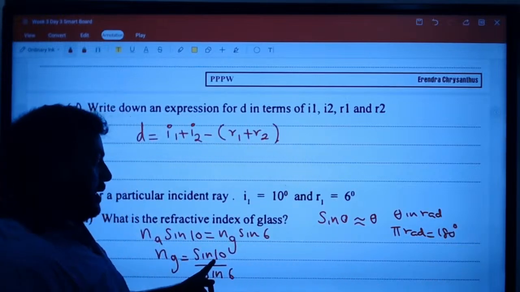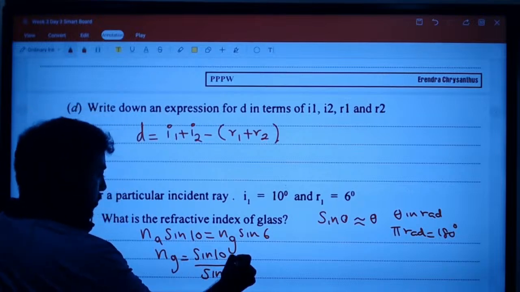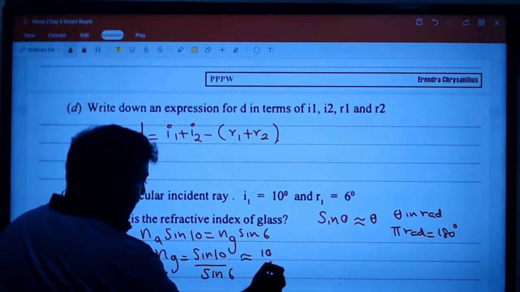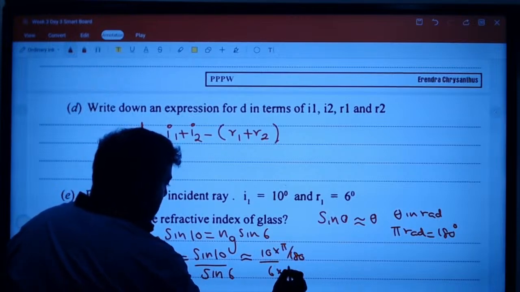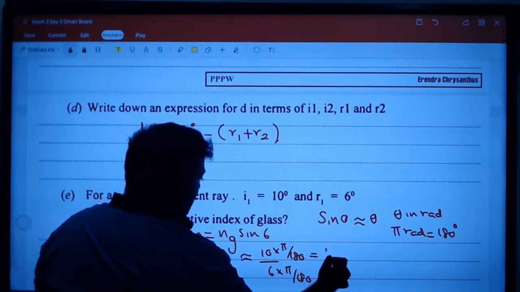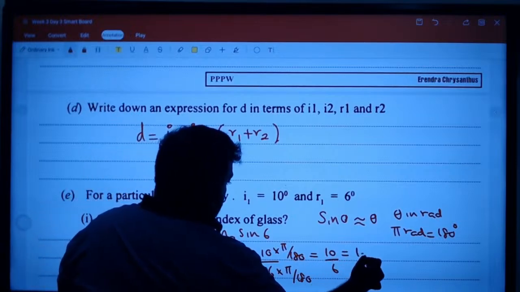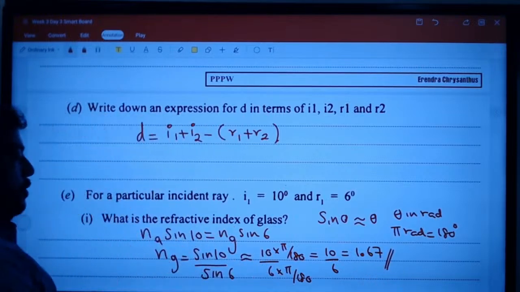So 10 degrees converted to radians, we multiply by pi over 180. So technically it's 10 over 6, but don't forget pi over 180 radians. These cancel off, so you get 10 over 6, which is 1.67.